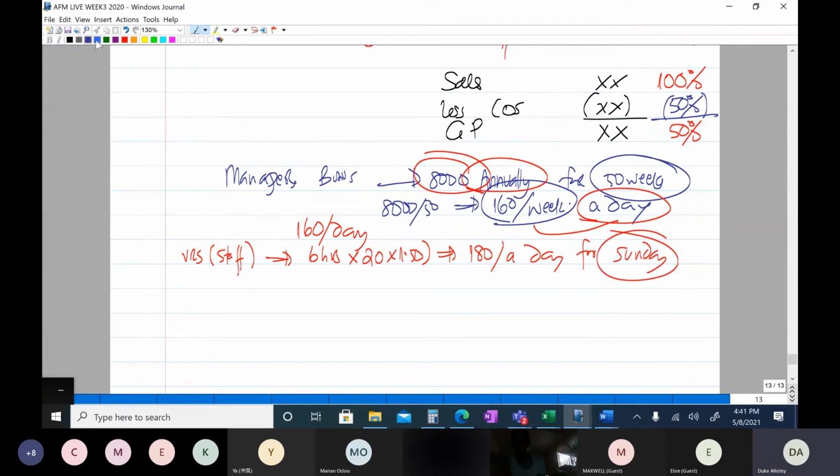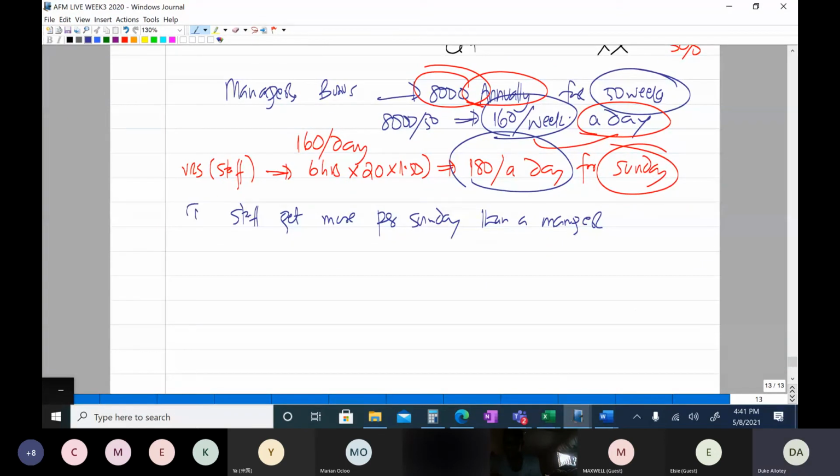So you see that technically the staff is getting more than the manager. So meaning that staff get more per Sunday than a manager. Okay, so that is 1 point.